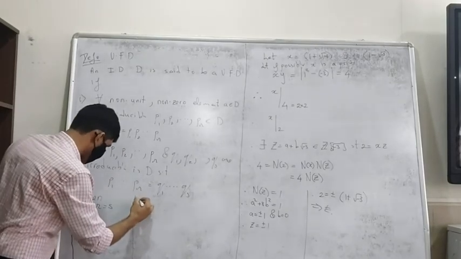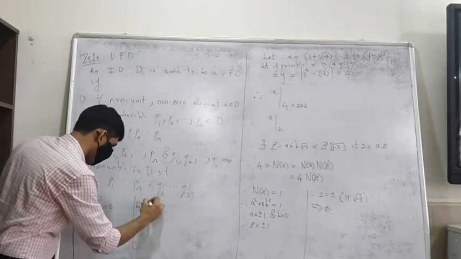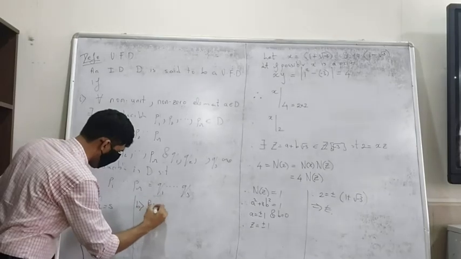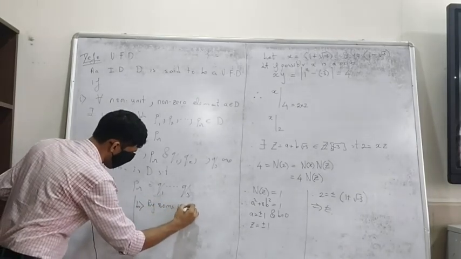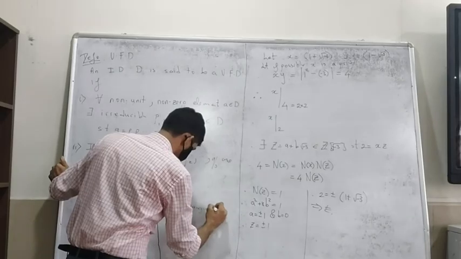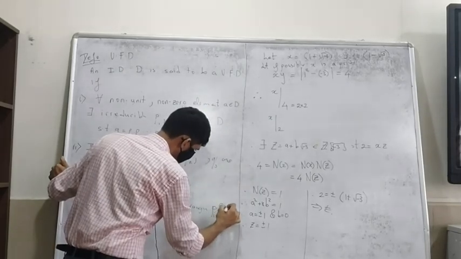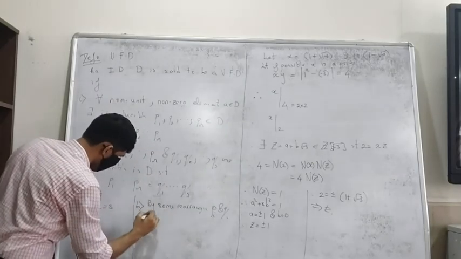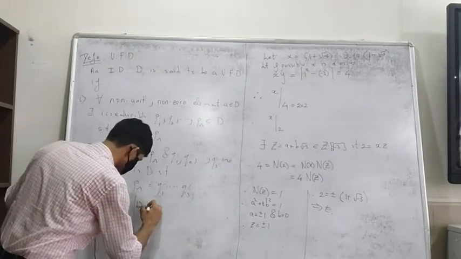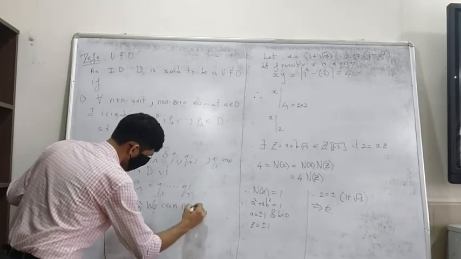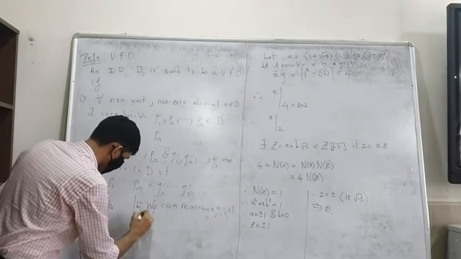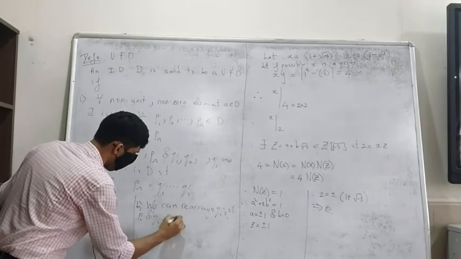So by some rearrangement, we can rearrange the Qi's such that Pi and Qi are associates.